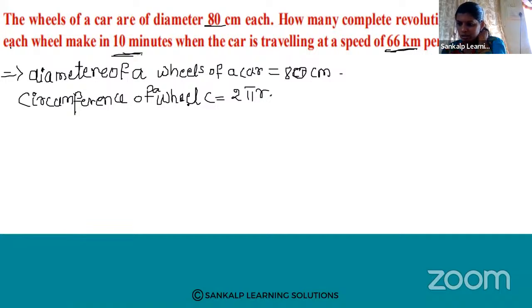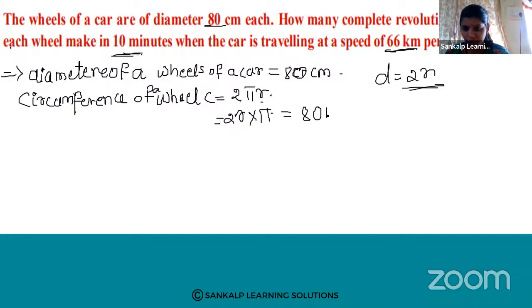Now, diameter they have given. Diameter D is equal to 2r. That means the 2r value they have given. This can be written as 2r into pi. So the 2r value we know, that is 80 into pi. Yes, this is the circumference of that circle.